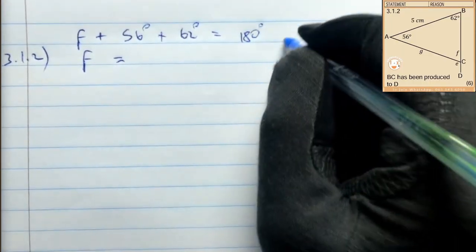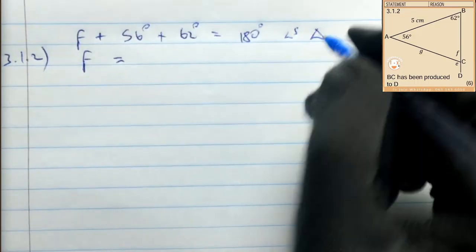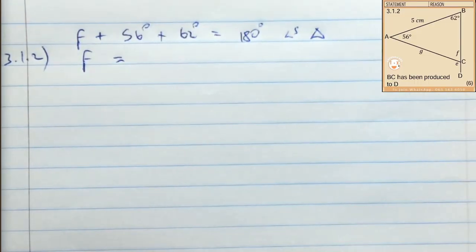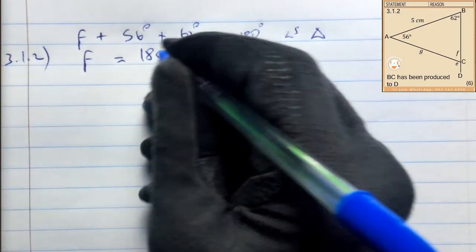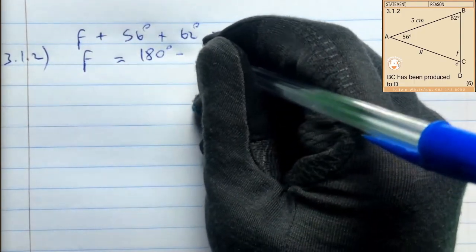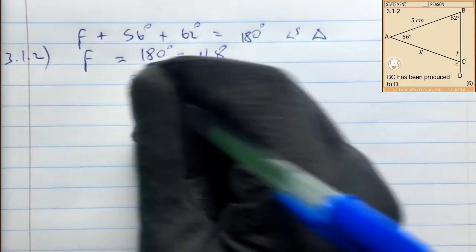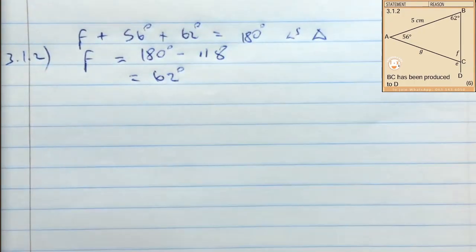Okay, angles in a triangle. Then F will be what? It will be 180 in your calculator. 118. Okay, which is what? Which is 62. Oh, there's a 62 there. You see why I said you can start with F, because you do have two angles inside a triangle.